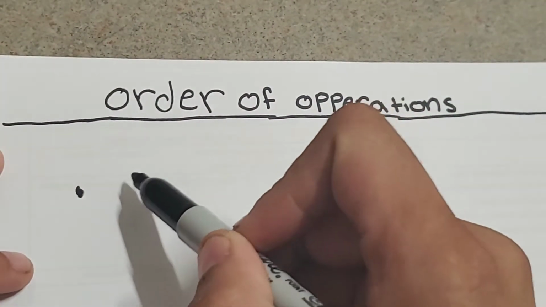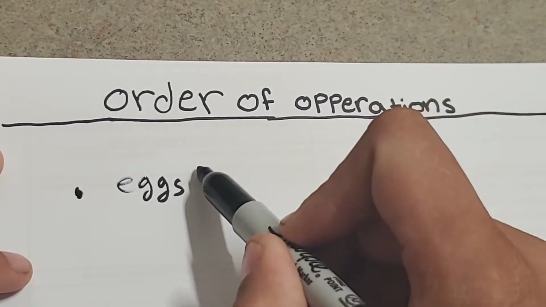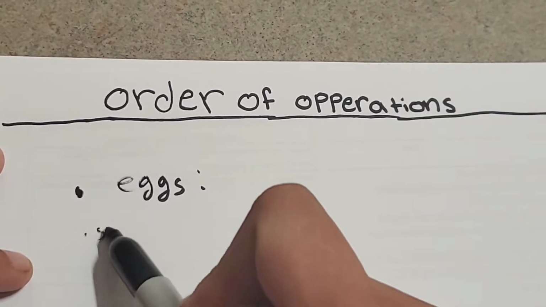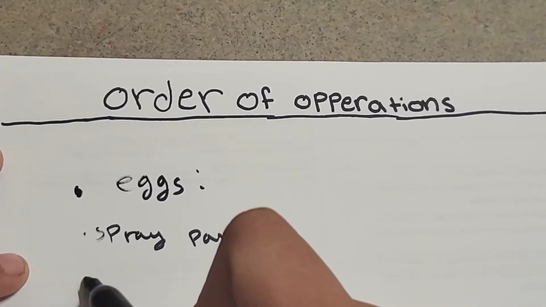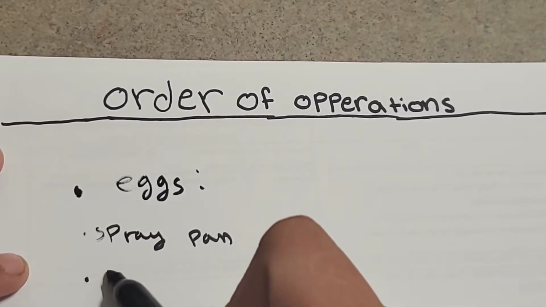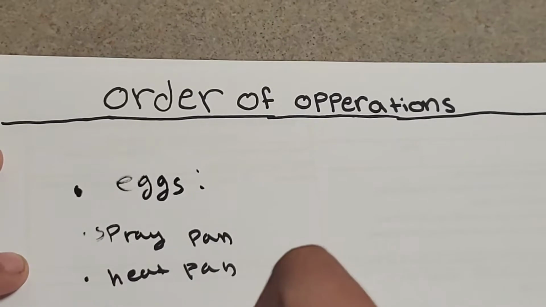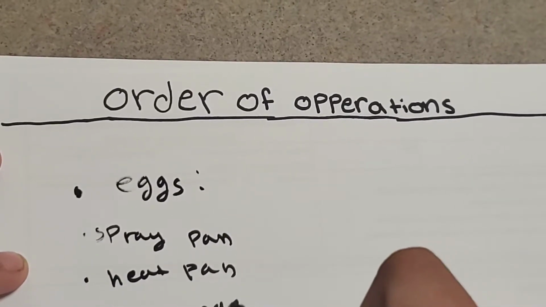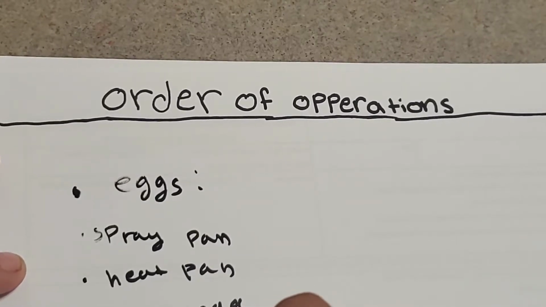If we were to cook eggs, the first thing we would do is spray the pan, then heat the pan, crack the egg in, and then cook thoroughly.